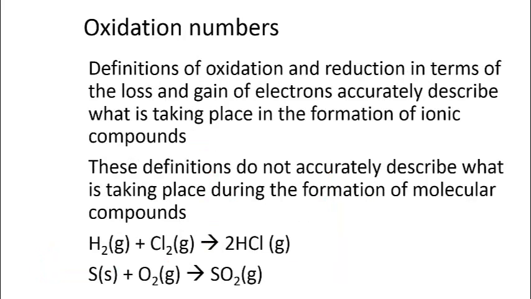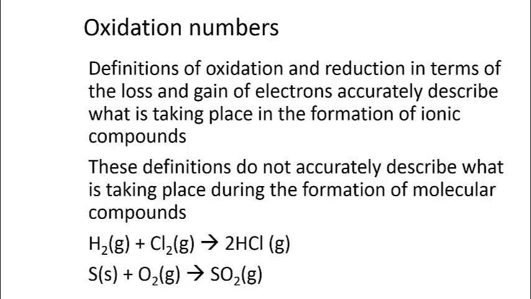The definitions of oxidation and reduction in terms of loss and gain of electrons accurately describe what is taking place in the formation of ionic compounds such as magnesium oxide, which literally involves the transfer and acceptance of electrons.